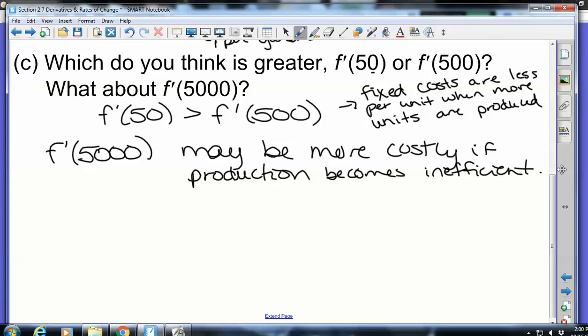As long as my setup can handle 5,000, that's definitely going to be cheaper. But if I can't handle that many, then it's going to become more expensive. Questions?